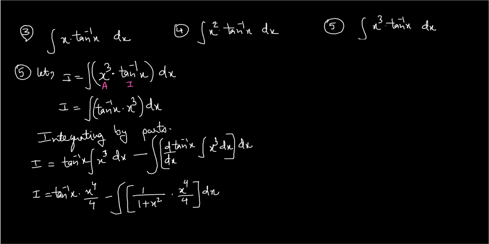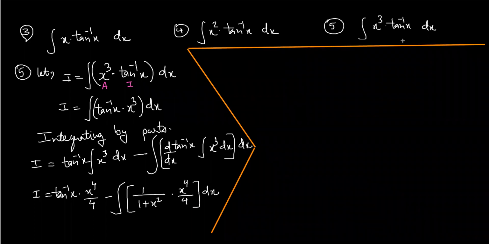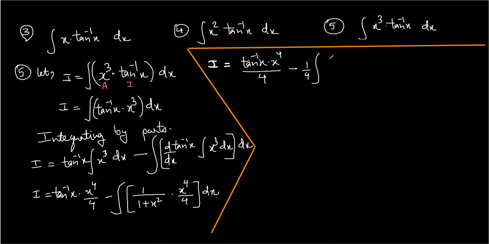So here I have, therefore, I equals to tan inverse x multiplied to x raised to 4 upon 4 minus 1 upon 4 integral x raised to 4 upon 1 plus x square dx.